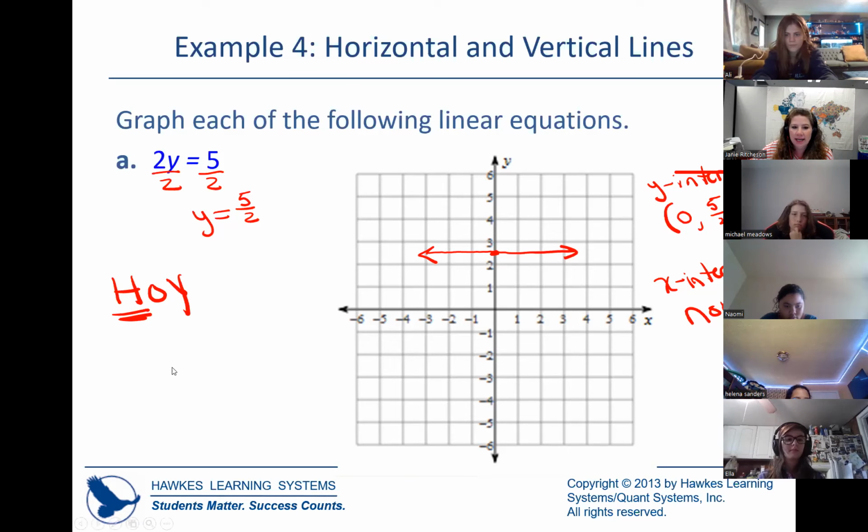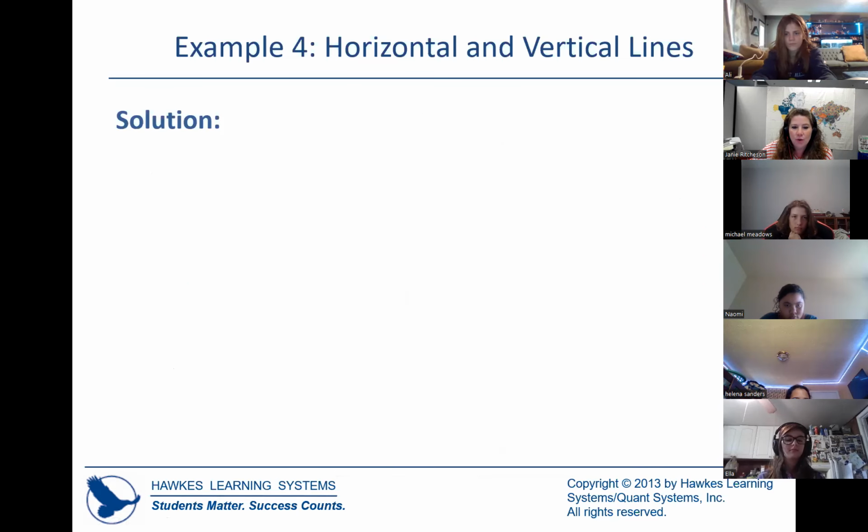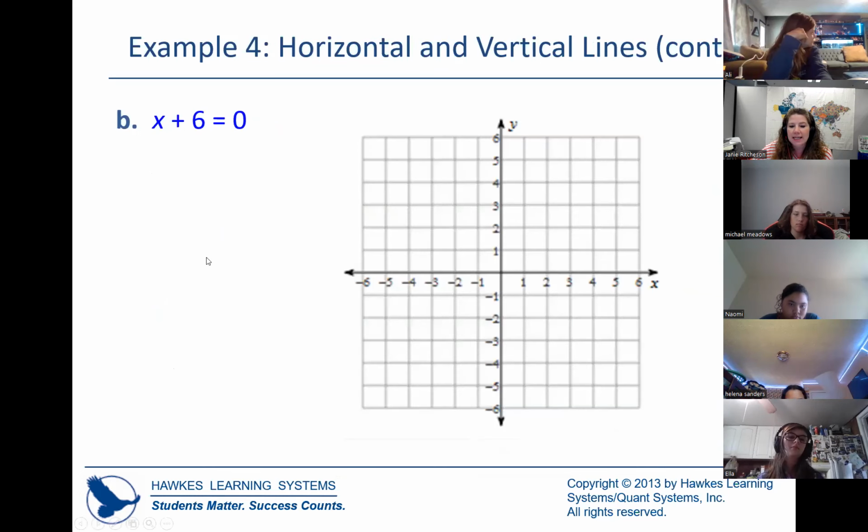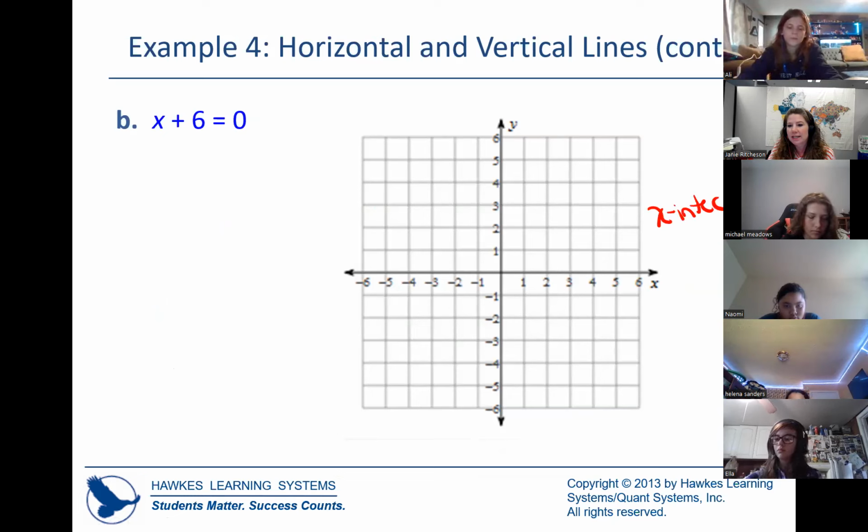I like it, Ella. NA is good. All right. So there it is. There's our 5/2, that 2.5 up here. All right, so you guys figure out what this one's going to look like. And I want you to tell me what is the x-intercept and what is the y-intercept, please. Make sure your answer is in an ordered pair.